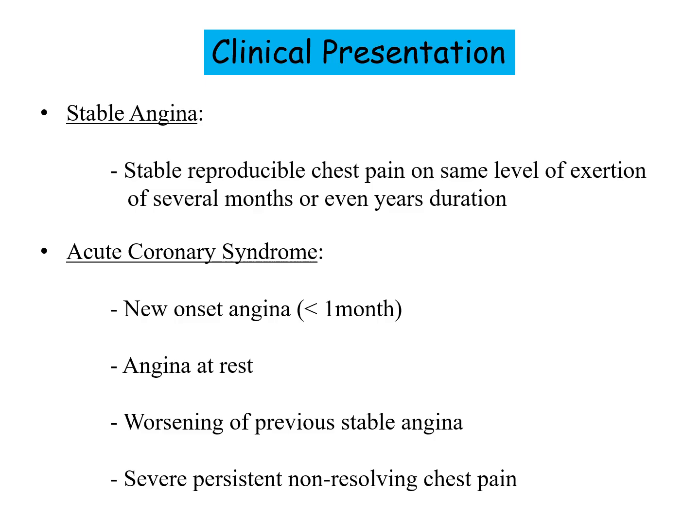A patient could be having stable angina, complaining of chest pain whenever he walks 5 blocks. Now, recently, he started having chest pain whenever he walks 1 block. This is an indication that this patient is having acute coronary syndrome. Or severe persistent non-resolving chest pain, which is what we see in patients with acute myocardial infarction, which we will discuss later.